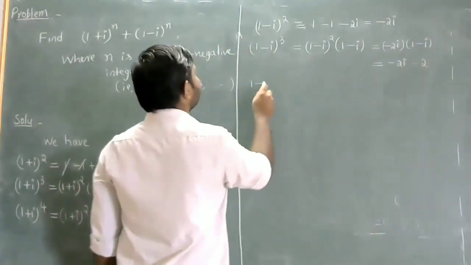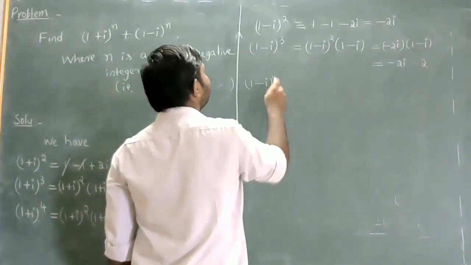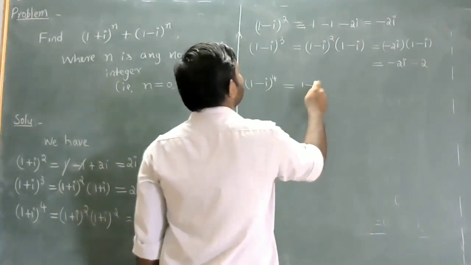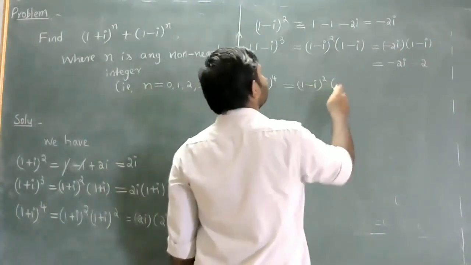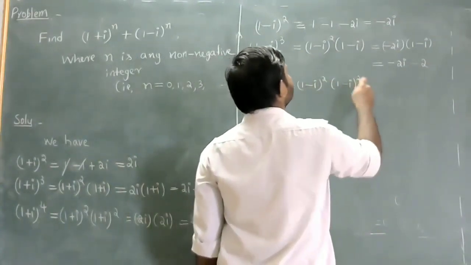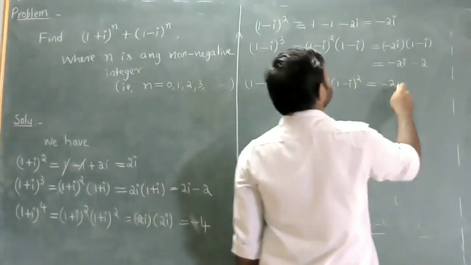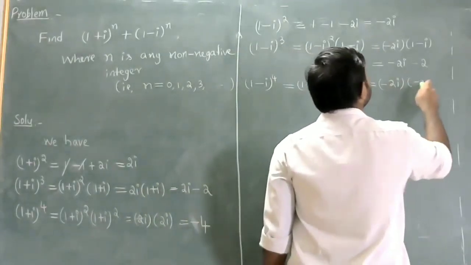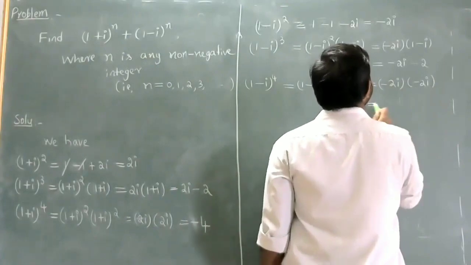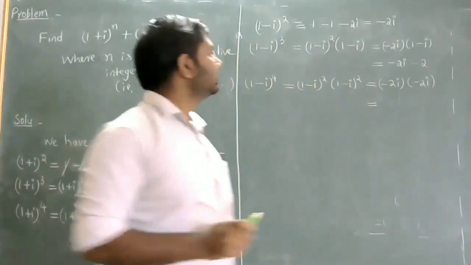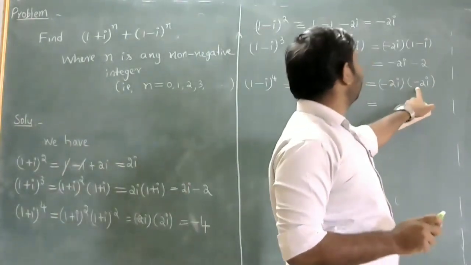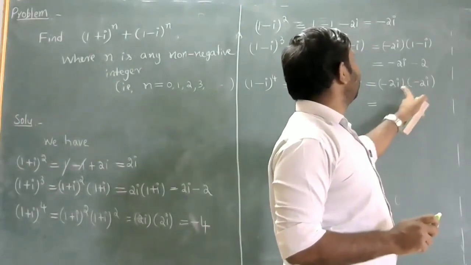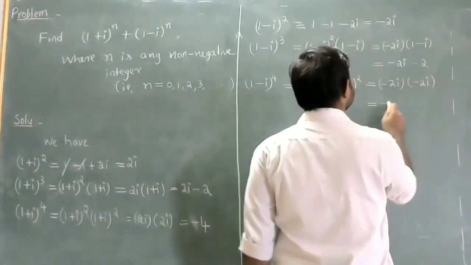Now (1-i)⁴. It is (1-i)² into (1-i)², so it is -2i into -2i. Minus into minus is plus, 2 into 2 is 4, i into i is i², which is -1. So once again it is -4.